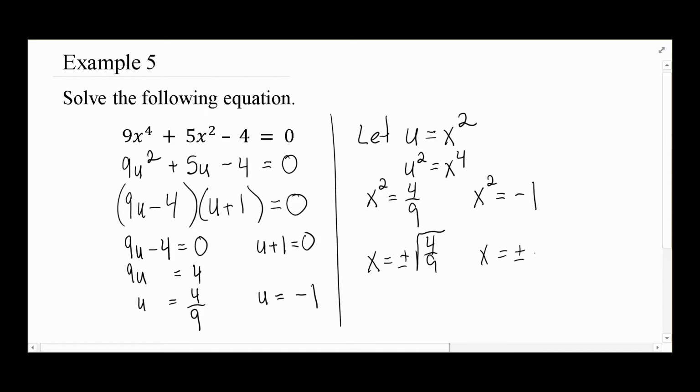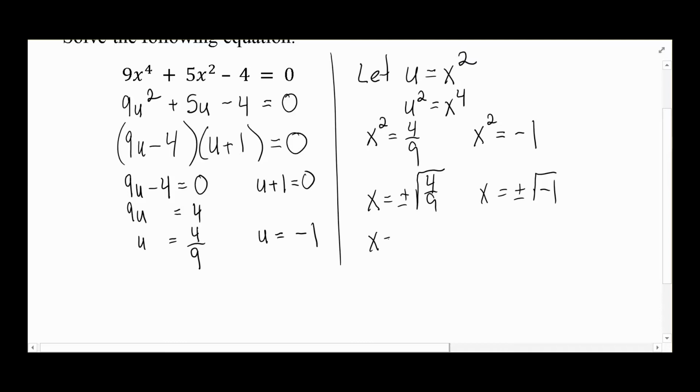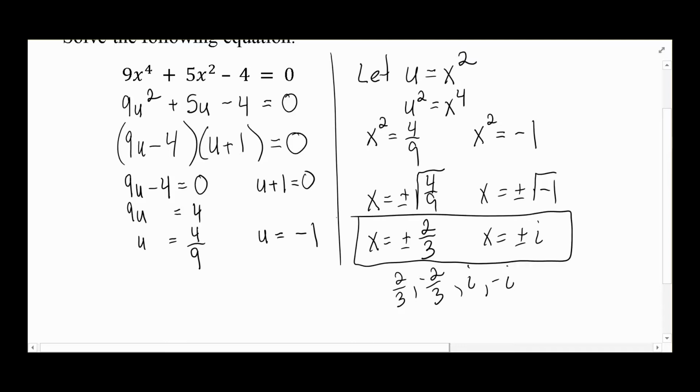That's going to get me positive negative 2/3, and positive negative i. So as far as our homework system, that means we have 2/3, comma, negative 2/3, comma, i, comma, negative i. This gets us the 4 answers that we were expecting for our x to the 4th problem.